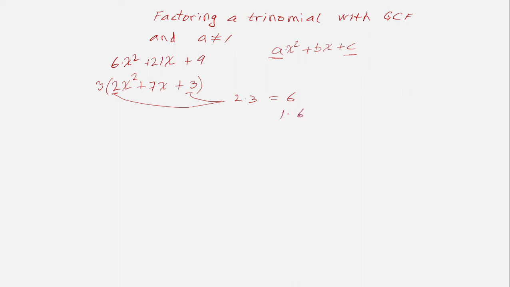Well, 1 times 6 is 6, and 2 times 3 is 6. And then after this, they would just be repeating. Now, since this is a positive number, these two either have to be both positive or both negative. Since this is a plus right here, they would both end up being positive in this case.